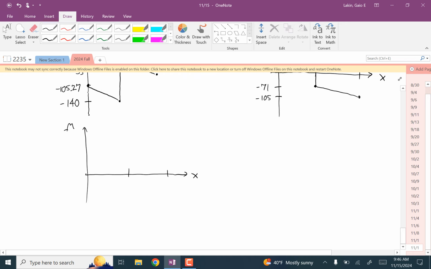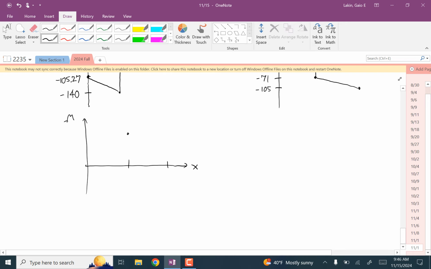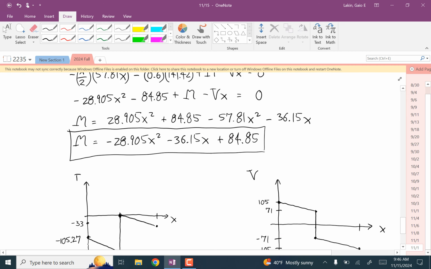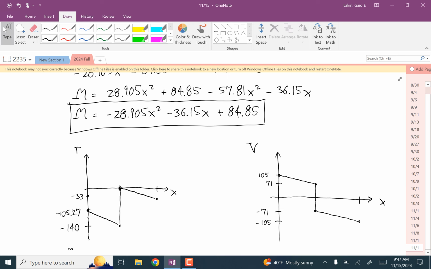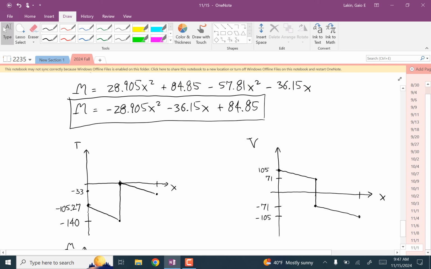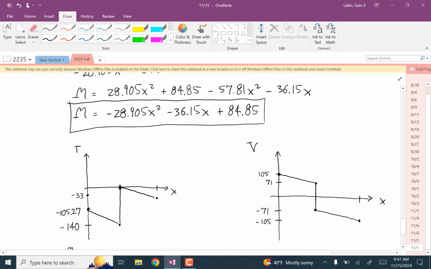It's going to be pretty close to horizontal when it gets there. And then the second one starts out with a negative slope. So it starts out with a value of 52.